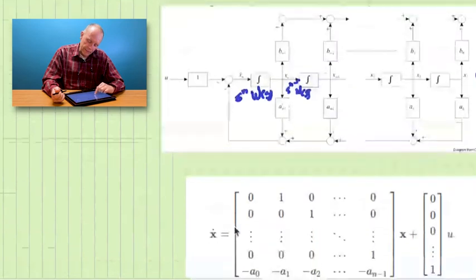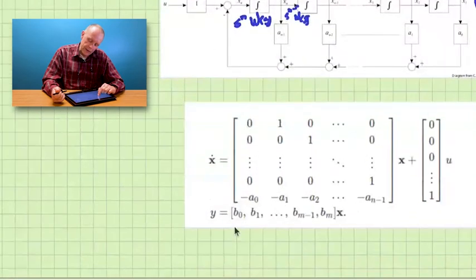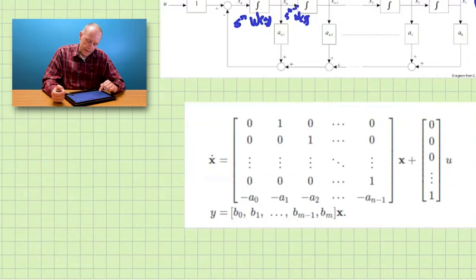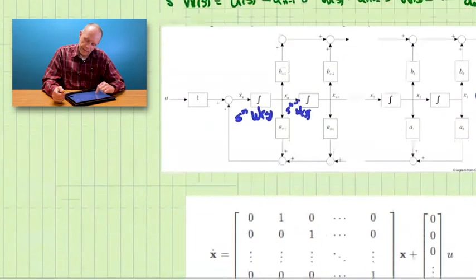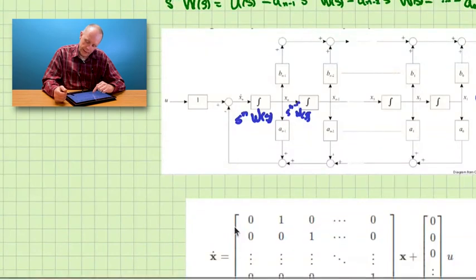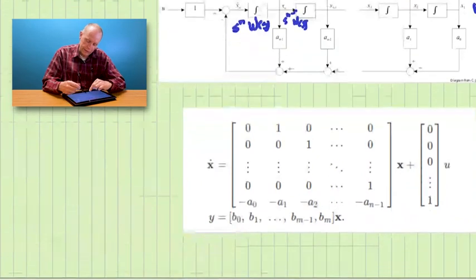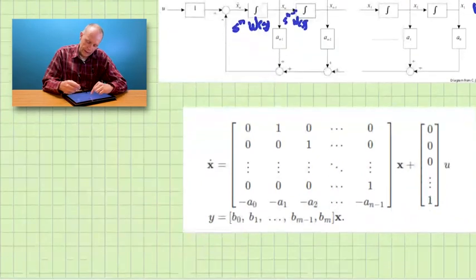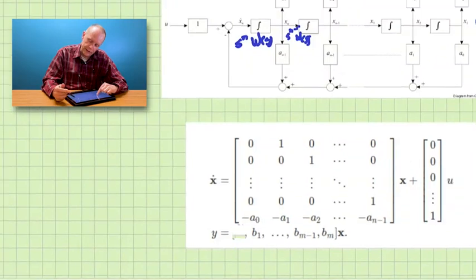So if you take that block diagram, you can also make a matrix equation out of it, and when you do it, it looks like this. If you look at x1 dot, it is equal to basically right here 0 times x1 plus 1 times x2.